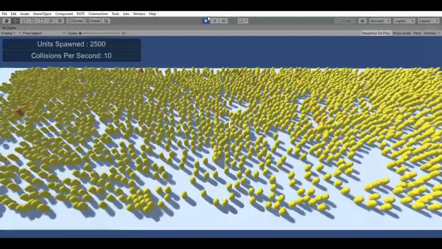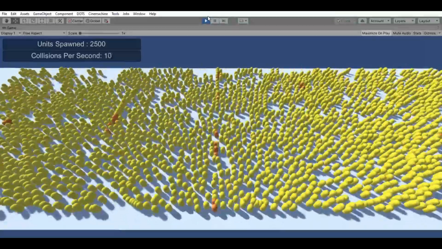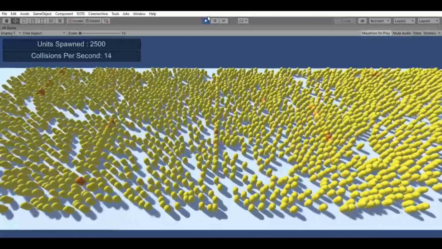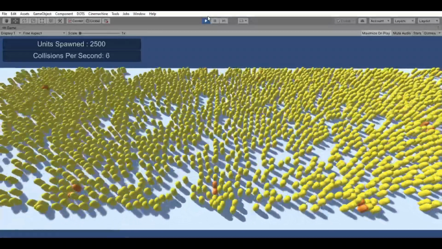We can still see collisions happening due to edge case scenarios, and also a collision is guaranteed if two units are of equal distance from a given unit under consideration.